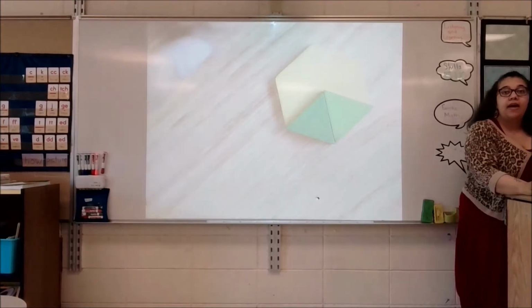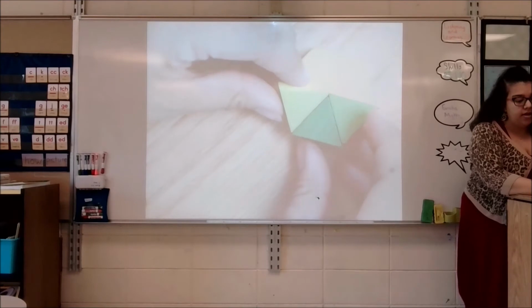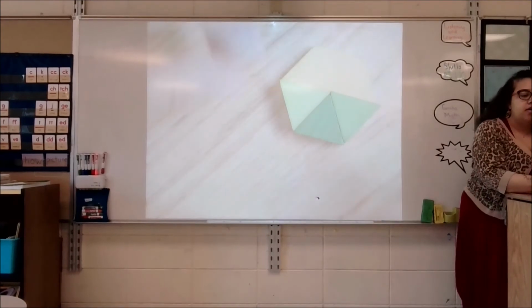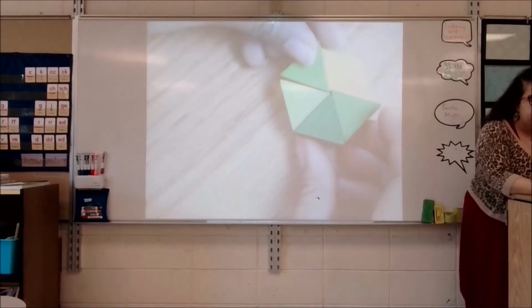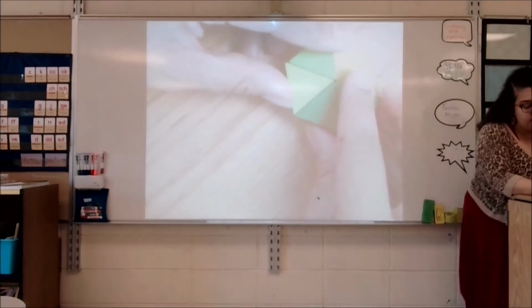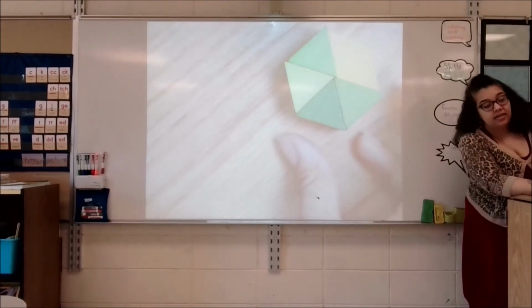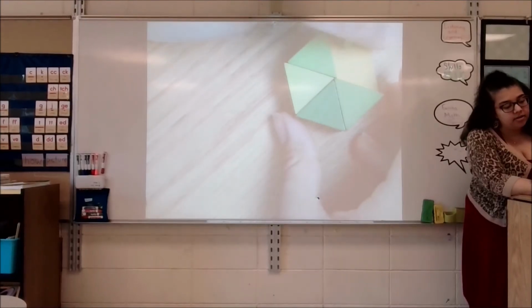So we're just going to keep adding triangles until no more fit on our hexagon. Ooh, look at this. So I'm creating a composite shape. I'm creating a hexagon out of triangles.